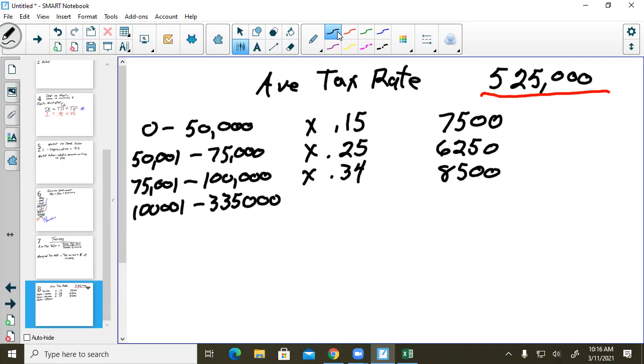Okay, so that's 235,000, and we're going to tax that at 39%. What's 39% of that 235,000? 91,650. How do you feel about that?